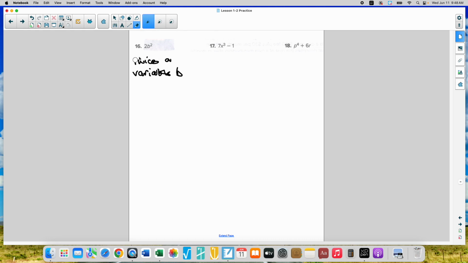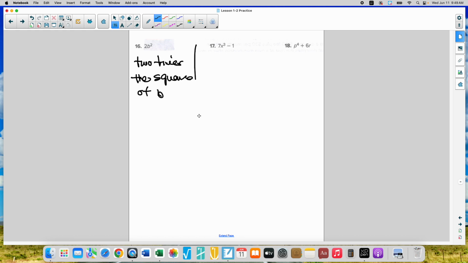So I need to do the b squared first, because of order of operations, we would need to do that first. So would 2 times the square of b? I like that. That separates it.